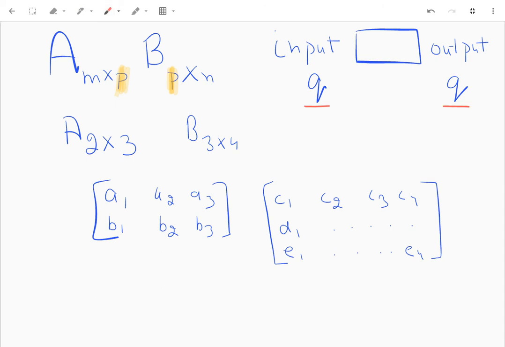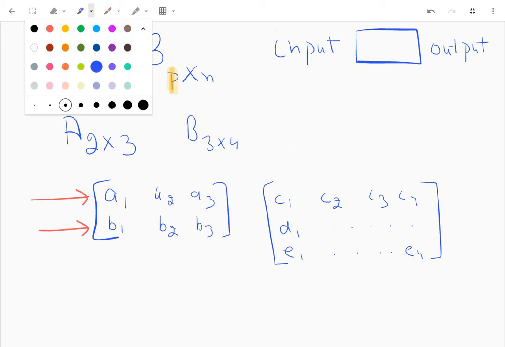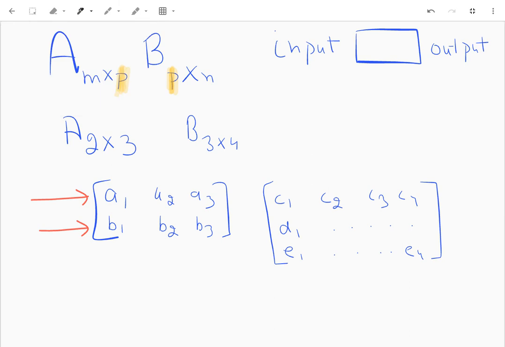So in this particular case, how many inputs do I have? This represents my inputs. So let's say I have Q and R as my inputs. Okay, so now this whole thing represents my process.